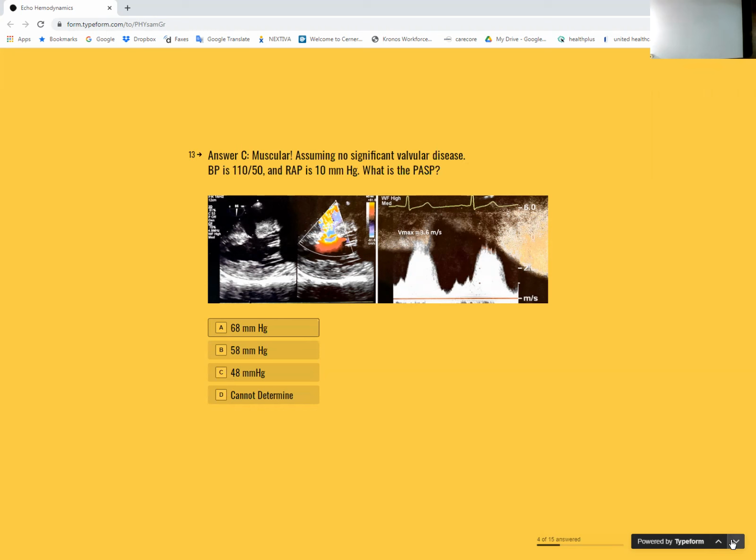Okay, so assuming no valvular disease and the blood pressure is 110/50 and the RAP is 10, what is the PASP? So this is a case where you really have to fill in what you know.